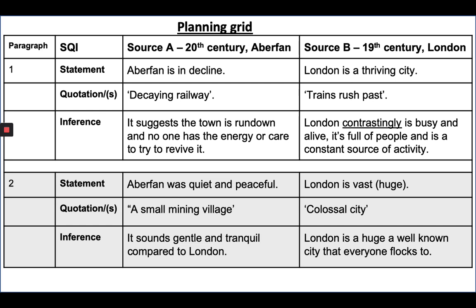For my second paragraph, where I described Aberfan as a small mining village, it sounds gentle and tranquil, whereas London being called a colossal city, I can infer it's huge and it's well known and everybody flocks there. So everybody wants to be in London. You should now pause the video to complete your planning grid if you didn't write your own inferences.